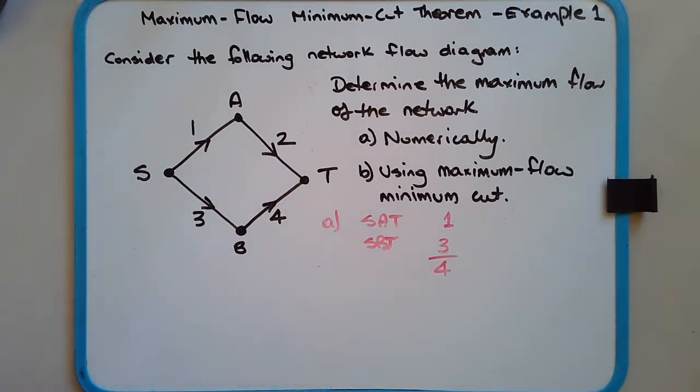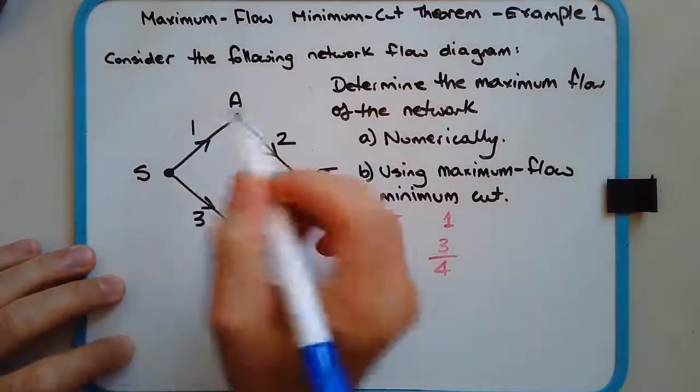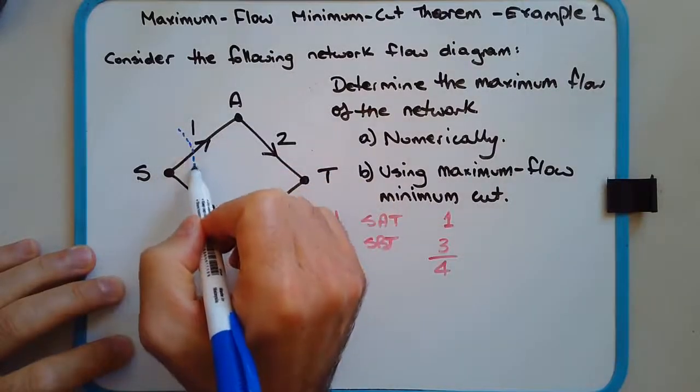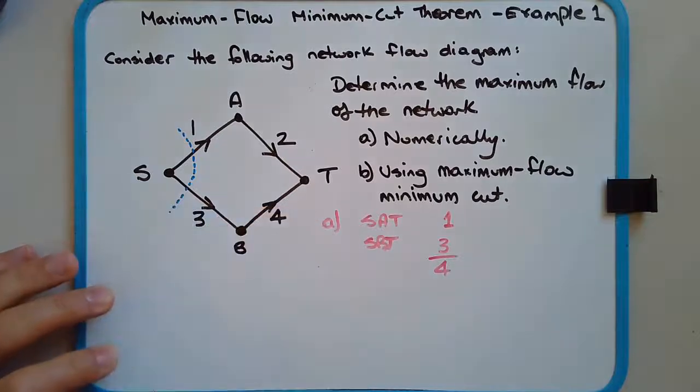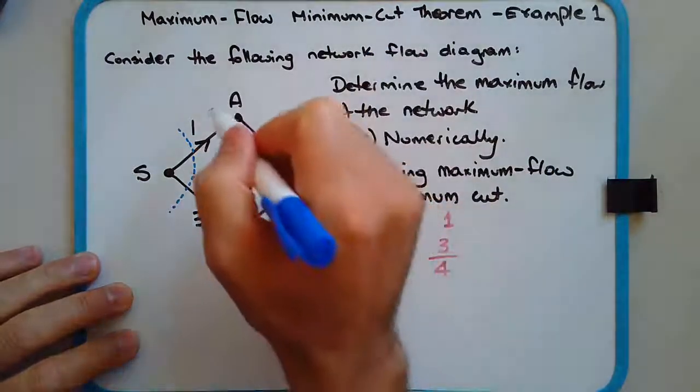Now let's have a look at it graphically, or using the maximum flow minimum cut theorem, which is a graphical method. And let's cut this network, or let's consider the various cuts that we have. So let's look at the more obvious cuts. So we've got that cut there. Okay, we've got this cut.